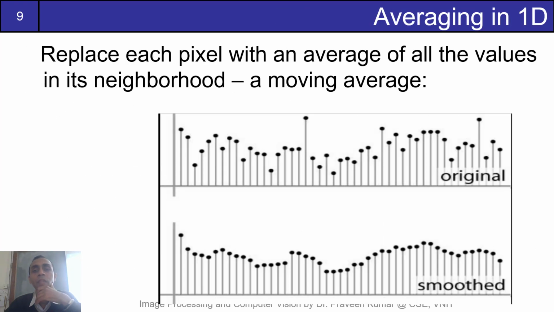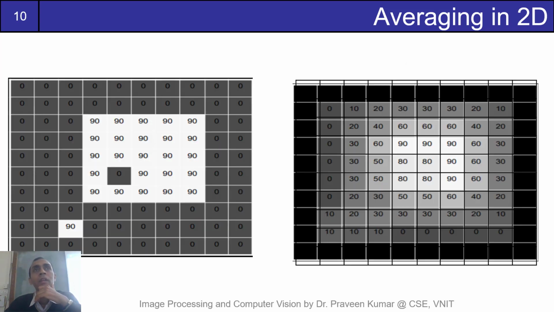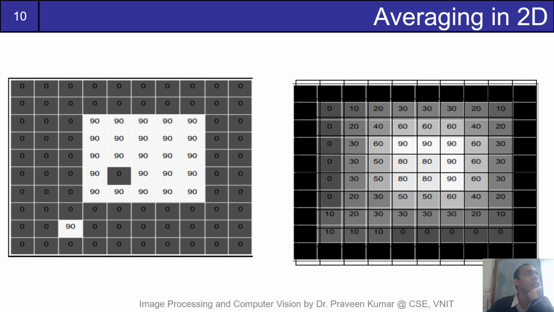And we started with an example of a smoothing filter. What does it do when you apply a smoothing filter? Everything that any filter does depends on the coefficient values.